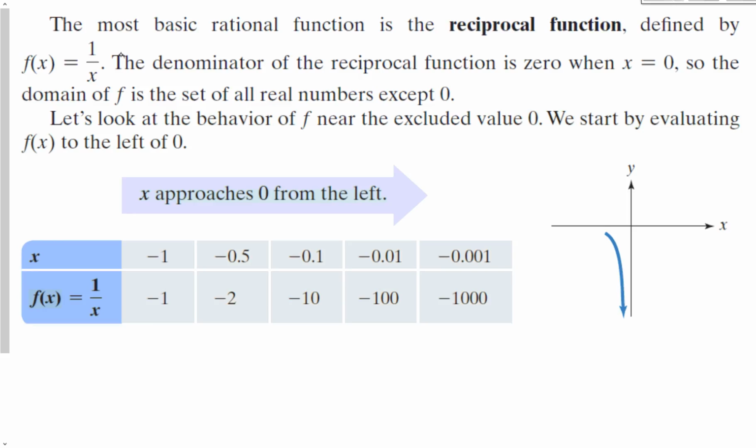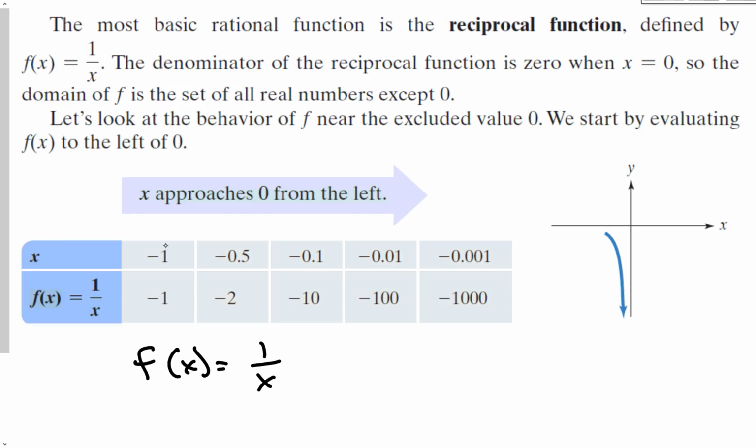So let's look at the behavior of f near the excluded value of 0. We start by evaluating f of x to the left. So if I were to plug negative 1, remember here's my function. If I were to plug negative 1 into this function, I would get negative 1. If I were to plug in negative 1/2 into this function, I would get negative 2. If I plugged in negative 0.1, I would get negative 10, and so on and so on.